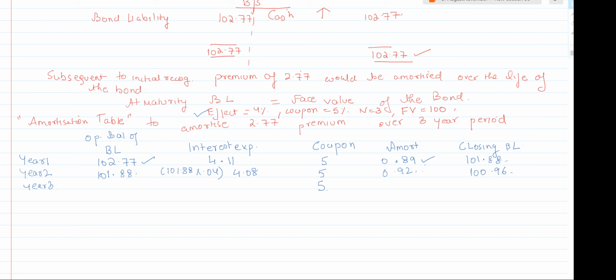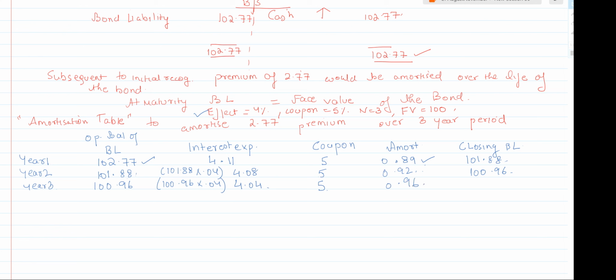So my closing balance of bond liability for year two is 100.96, and the opening balance for year three is 100.96. Interest expense would be 100.96 into 0.04. Please calculate this. 4.04.